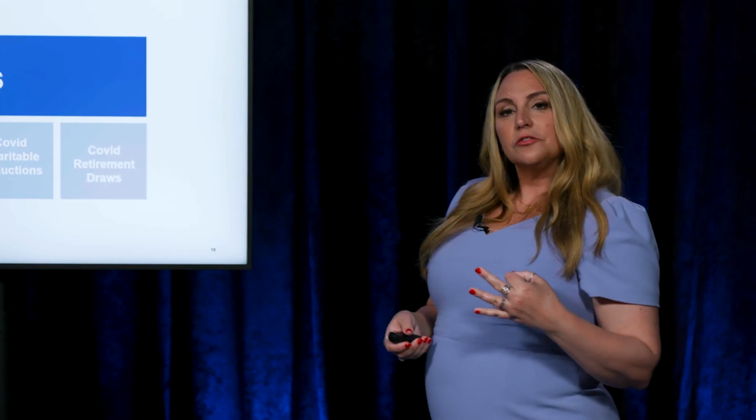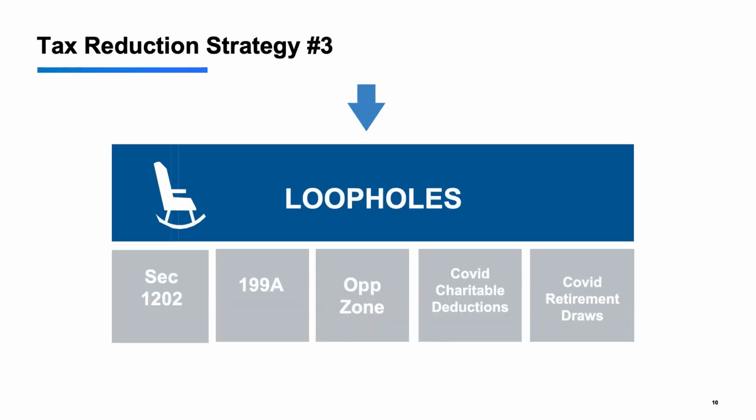Now, the third tax reduction strategy is what I call loopholes. Now, loopholes are government incentives to promote public policy. A few examples of this that we've seen over the last decade. One presidential term might be in favor of health care.